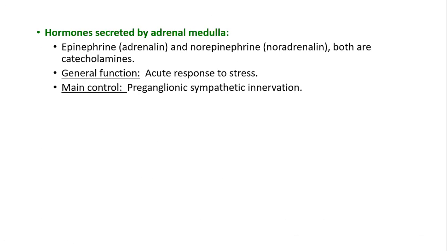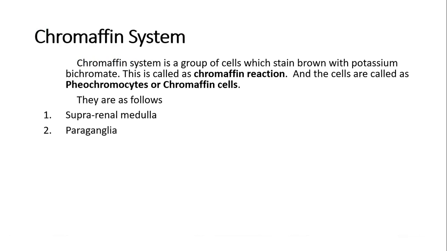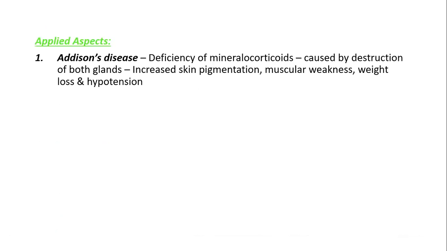The deficiency is usually caused by the destruction of both the glands. If one side is destroyed, this might not affect much because the other side, the adrenal cortex, will compensate for that.